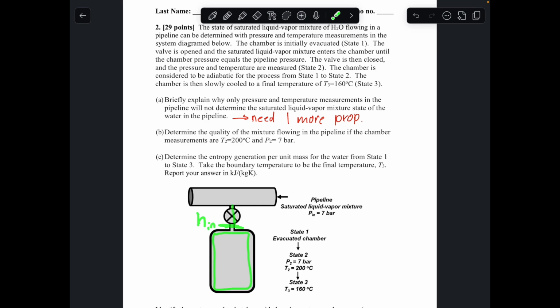We can do that by looking at the mass coming into the tank compared to the changes of energy of the stuff in the tank. So we can use this information in order to get our last property that we need in order to find the quality of the pipeline. So that's going to be our approach.